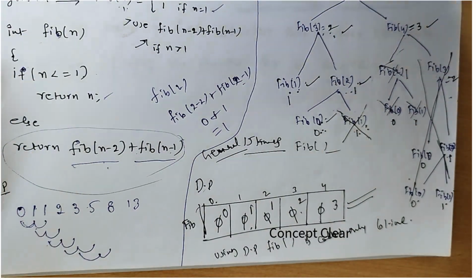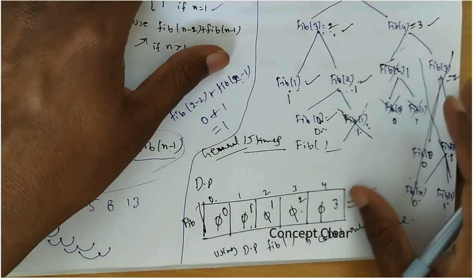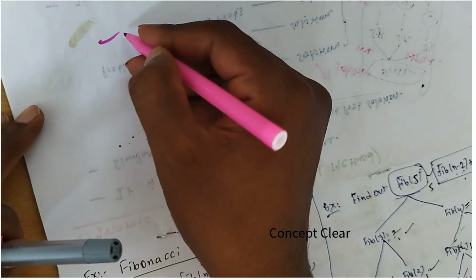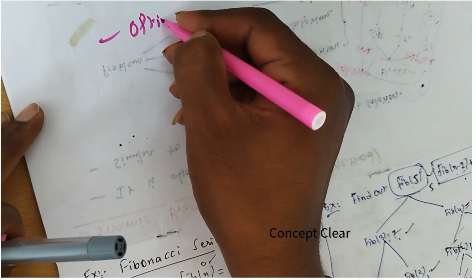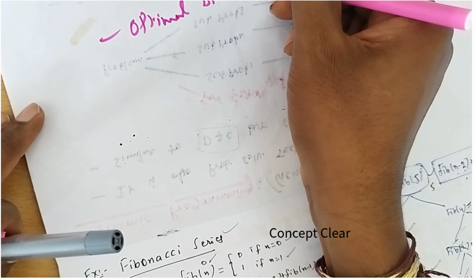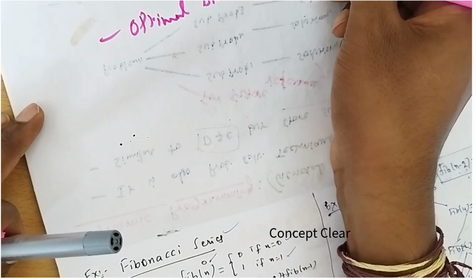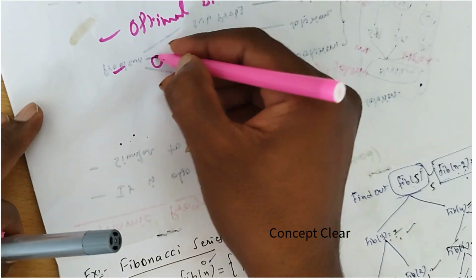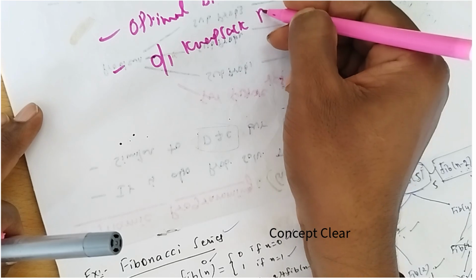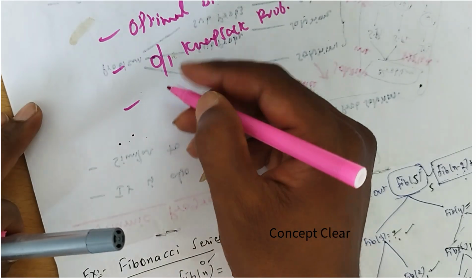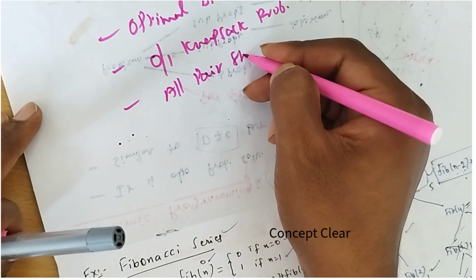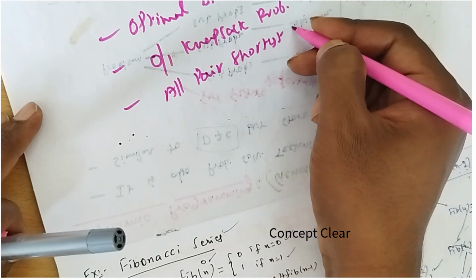What are the applications of dynamic programming? The applications are: the first one is optimal binary search tree. Second one is 0/1 knapsack problem. Next one is all pair shortest path.